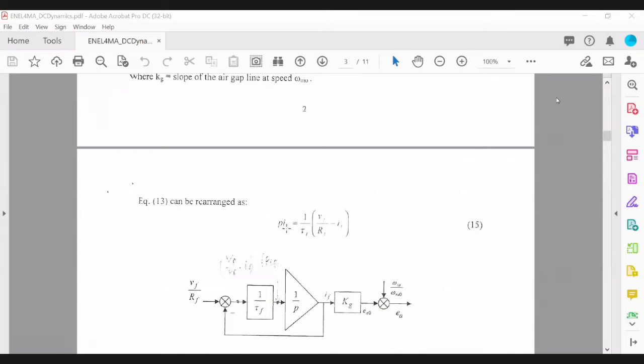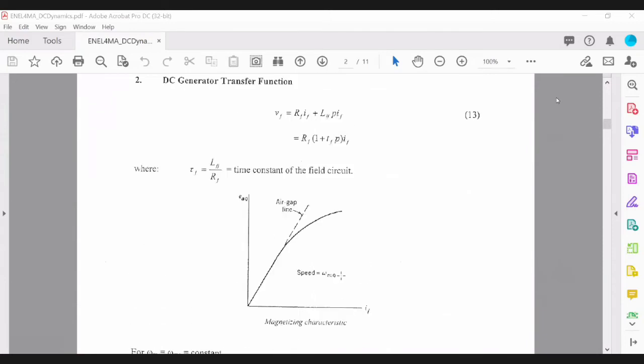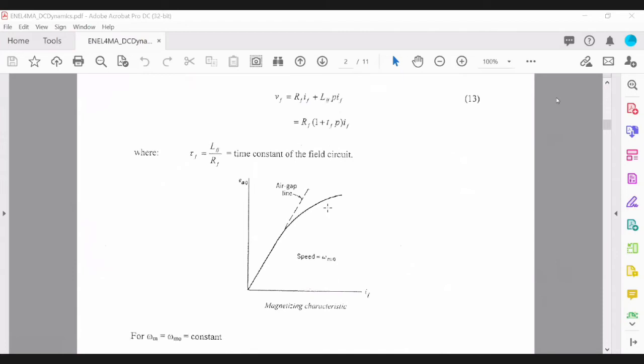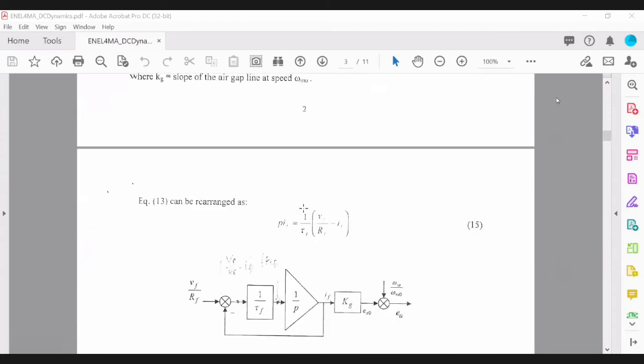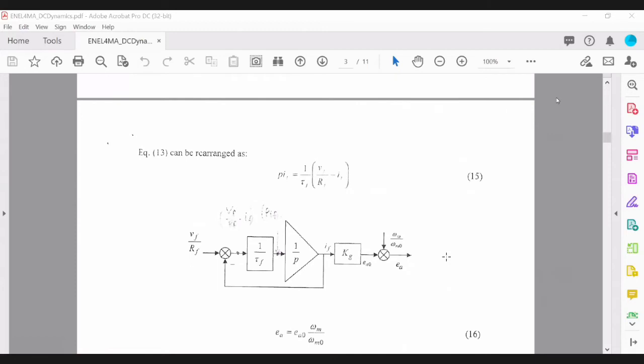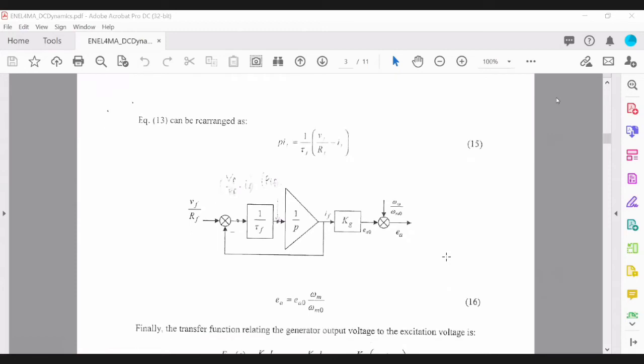So dIF by dt is equal to 1 over tau F times VF over RF minus IF. If we go back to this equation here, we've made PIF the subject of the formula. So we've sent PIF on this side, and we've basically written equation 15.